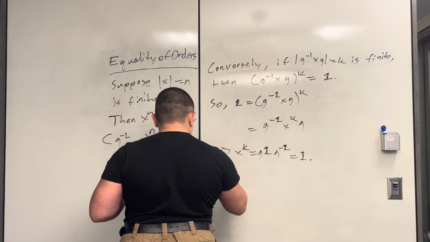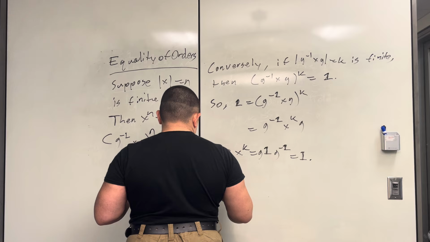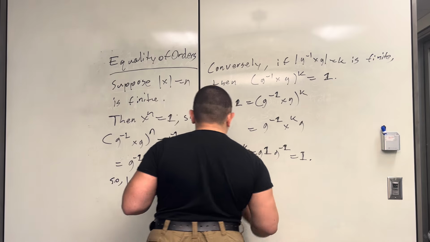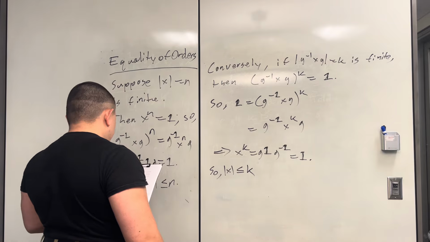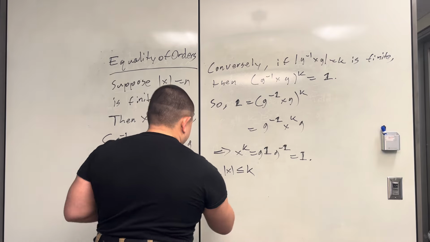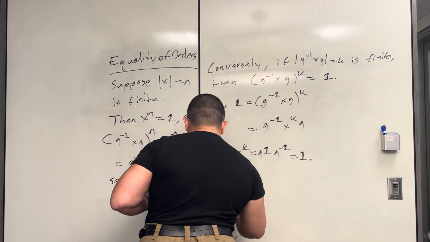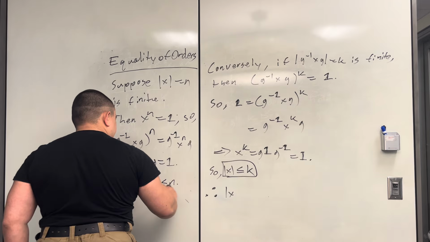So the order of x is less than or equal to k. So therefore, the order of x, so look, this is here.